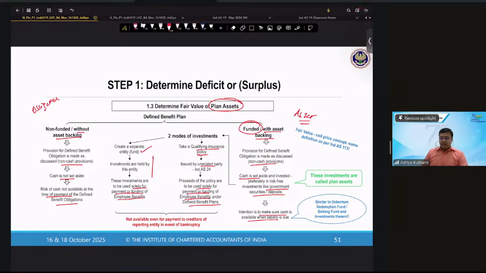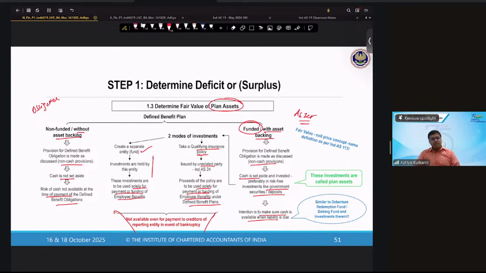Whatever be the mode, understand that these are not available even to the creditors at the time of bankruptcy. Employees will come under preferential creditors, just after state government dues, taxes, rates, etc. Just uske baad you have your dues to employees and then you have your dues to creditors.